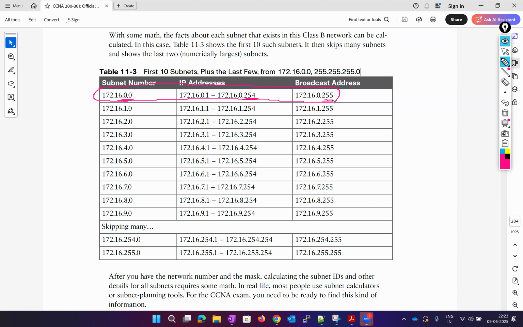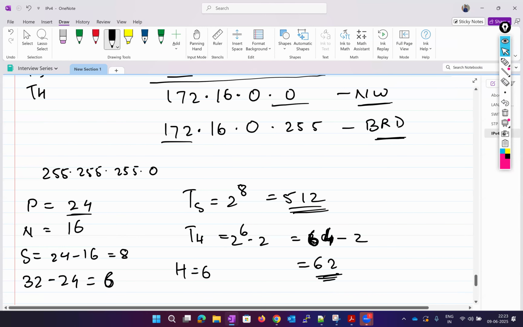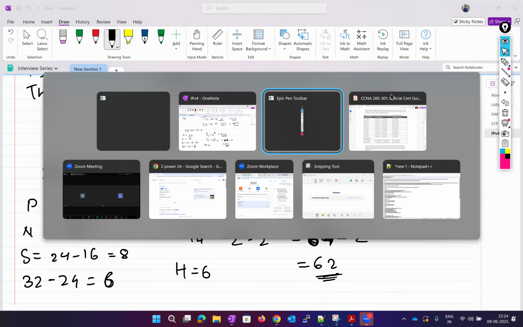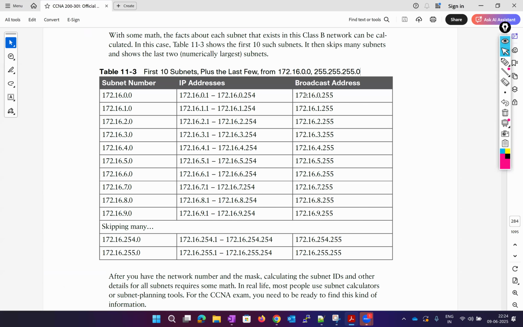The broadcast ID is 255. That is what we just saw. The network ID is 172.16.0.0 and the broadcast ID is 255. This is only the first subnet.